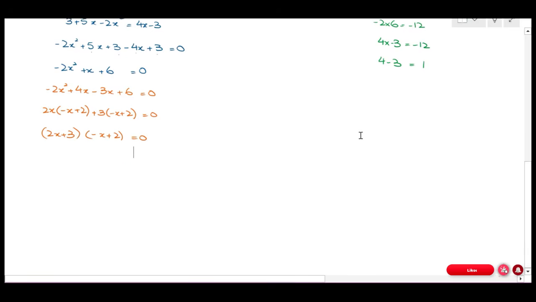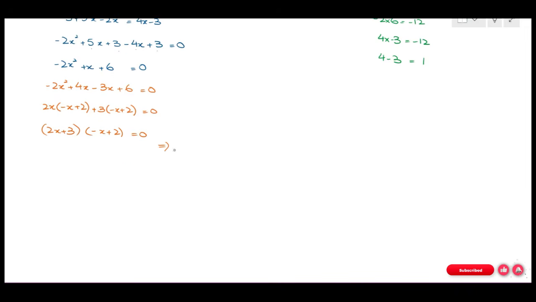Now we have to set these two factors separately equal to 0. So we can say 2x plus 3 equals 0, or minus x plus 2 equals 0. So here we can say 2x equals negative 3, and the x value is negative 3 by 2.